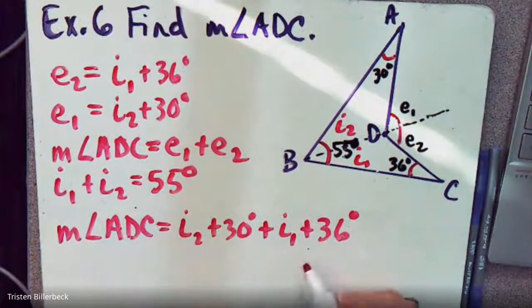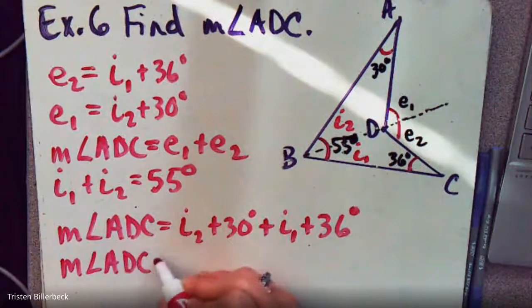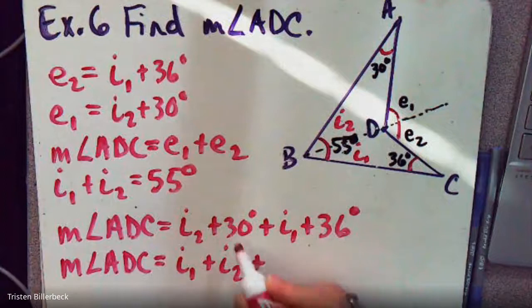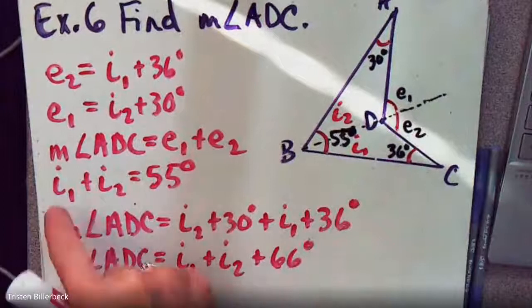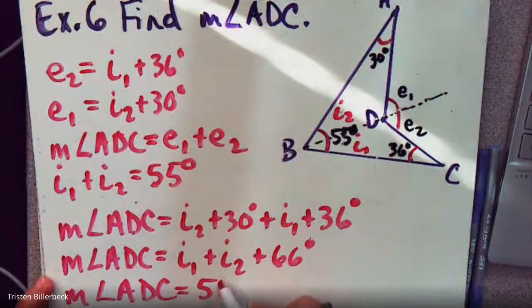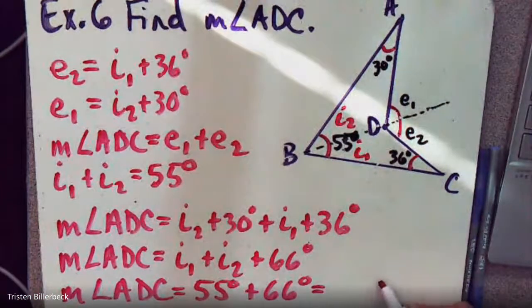So the measure of angle ADC equals I1 plus I2 plus 30 plus 36, which is 66 degrees. We know I1 plus I2 is 55, so the measure of angle ADC equals 55 degrees plus 66 degrees, which is 11 carry 1, 121. There we have it.